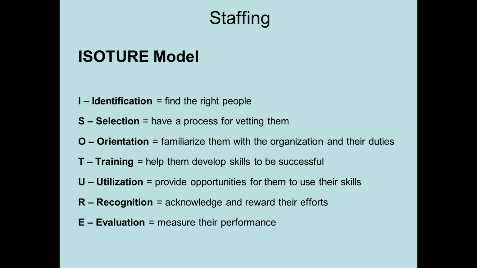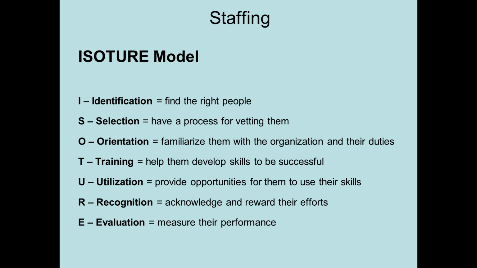So here is a model that many have used when referring to staffing. This is a moniker that can provide a path for you on how you train and retain your staff. You have identification, so finding the right people. Selection, making sure that you vet them correctly. Vetting means that you're going through their background and making sure they're the right person for that job or they have the right skills for that job.